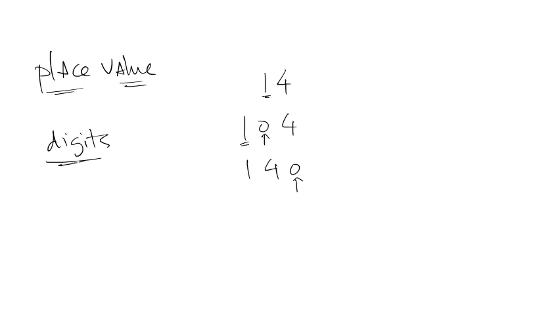So understanding how these two ideas of place value and digits work in concert is crucial for students being able to construct accurate numerals that reflect the number that they are working with. It's a fundamental idea for students to understand how these two ideas of place value and digits work together.